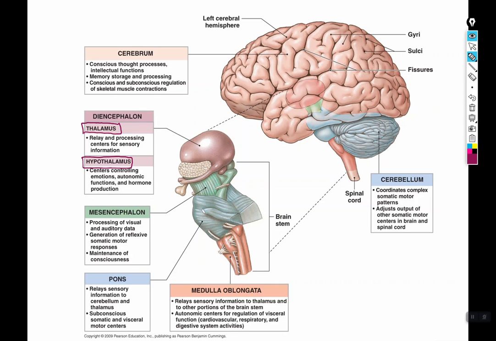The hypothalamus is a powerhouse, even though it's pretty small, and among controlling the majority of the endocrine system, it also has centers that regulate basal emotions. So I'm going to add that in.